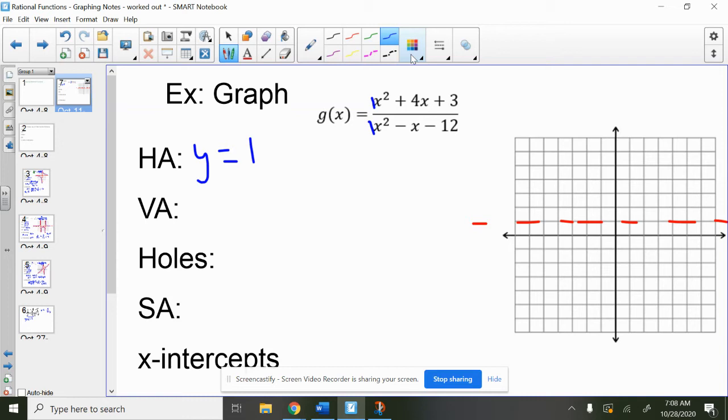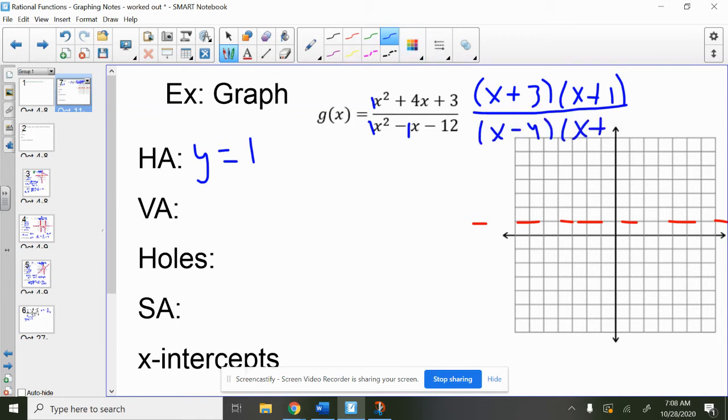For my vertical asymptote, we're going to factor the top and the bottom. Up top, I'll have an x plus 3 and an x plus 1. It multiplies to 3 but adds to 4, so that's going to be 3 and 1. And then down here, it multiplies to -12 and adds to -1, because we know that this is going to be a 1 there. And so that'll give me x minus 4 and x plus 3.